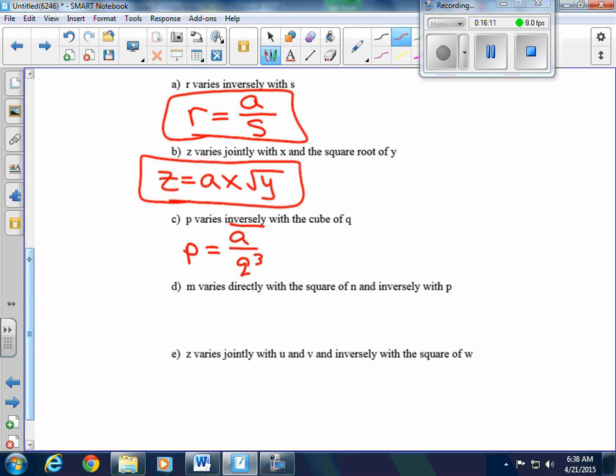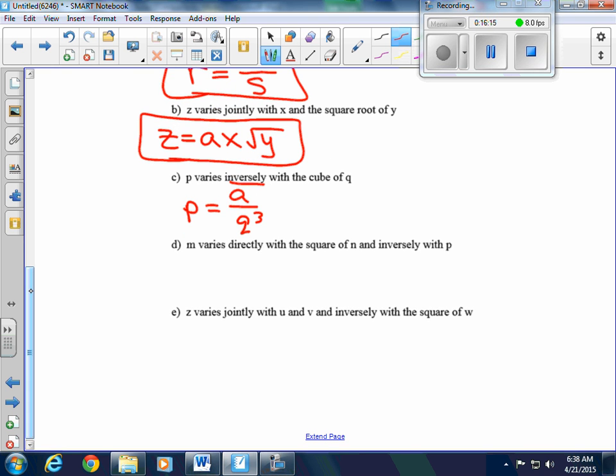D says M varies directly with the square of N and inversely with P. So M varies directly with the square of N, so N squared, and inversely with P. So we're just going to put those two together.